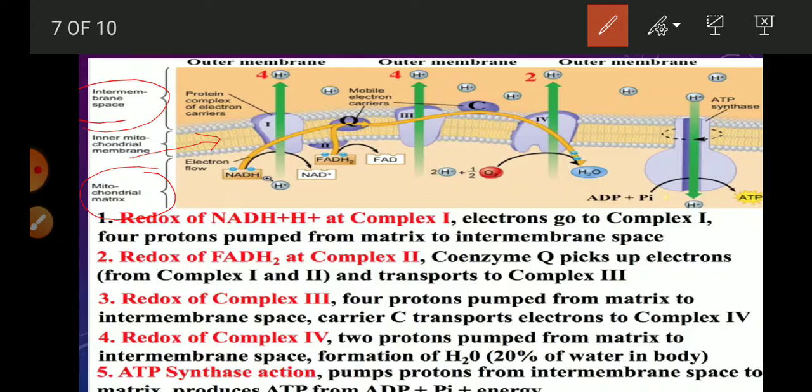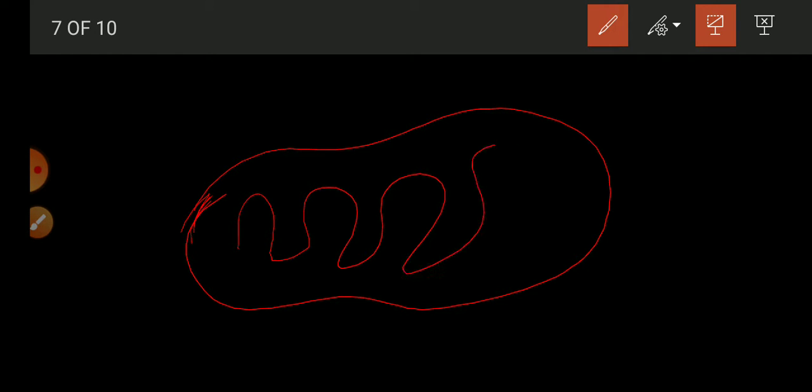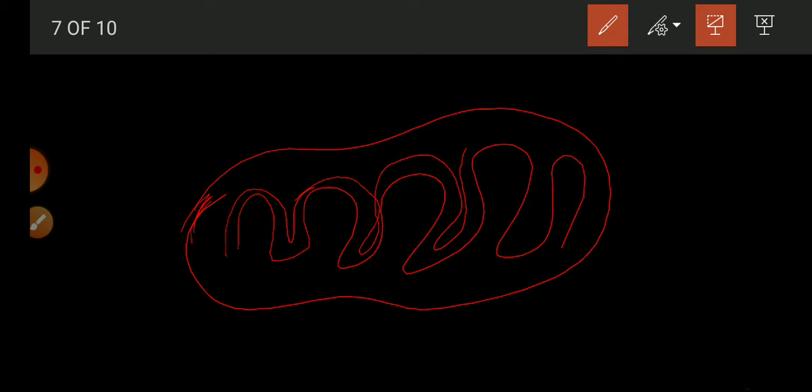If we look at the mitochondria, it is double membrane; the outer one is smooth and the inner one has this zigzag structure. So the membrane is like this.